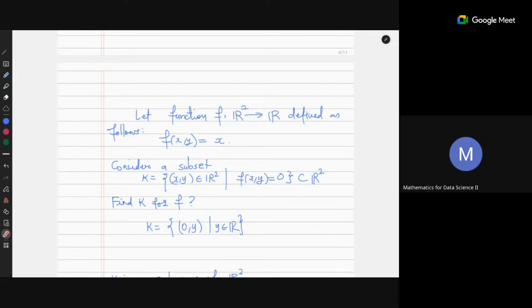The function given is f(x, y) equal to x. So if we substitute this function with 0, this will be your subset. And it is clearly a subset of R2. Now, the question: is K a subspace of R2?